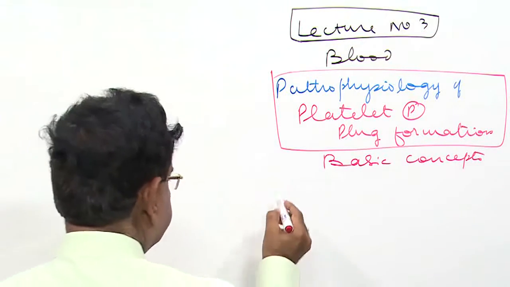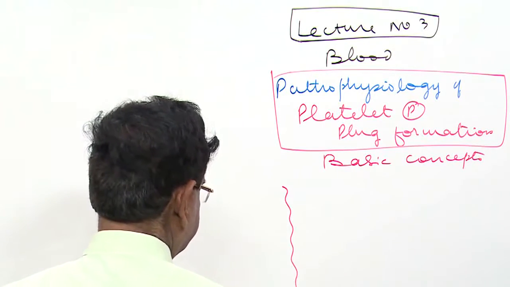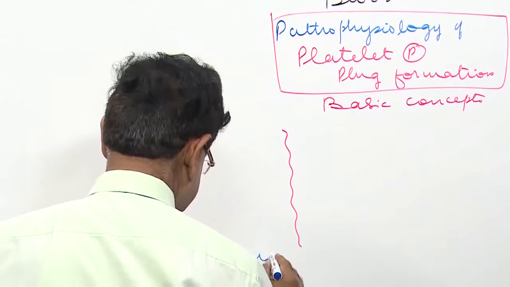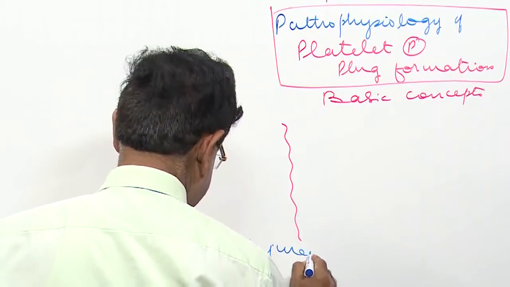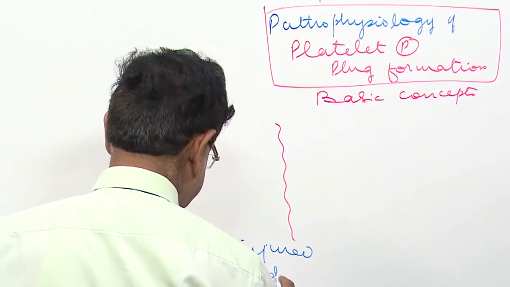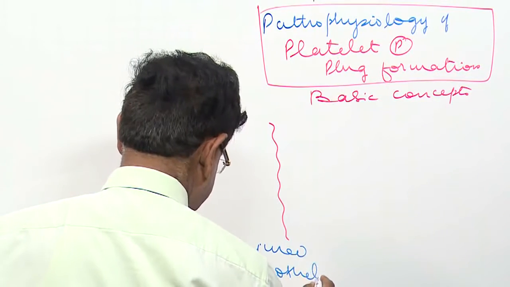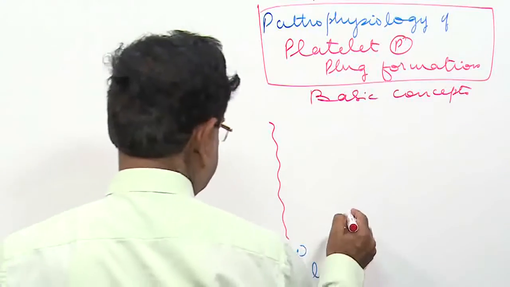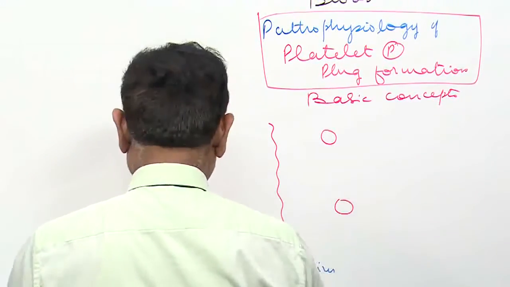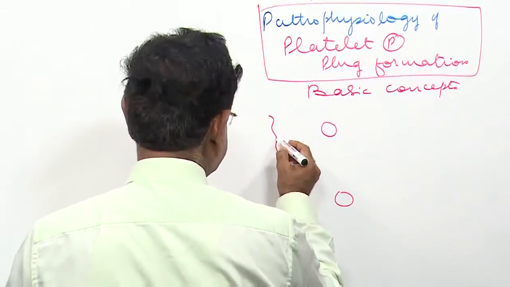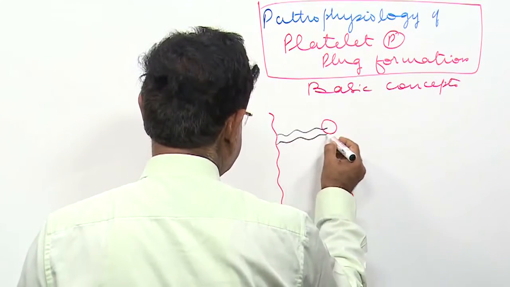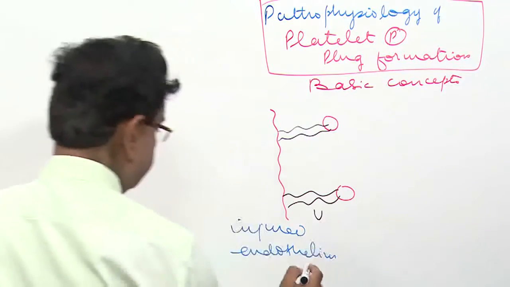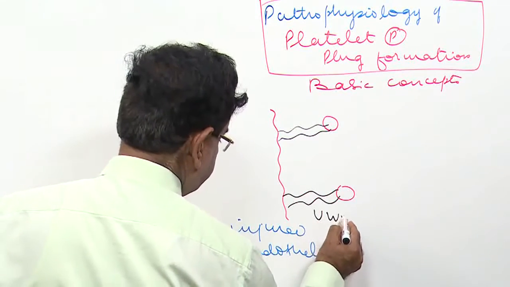Here is the injured endothelium. Here the platelet, and they get attached to the injured endothelium via von Willebrand factor.